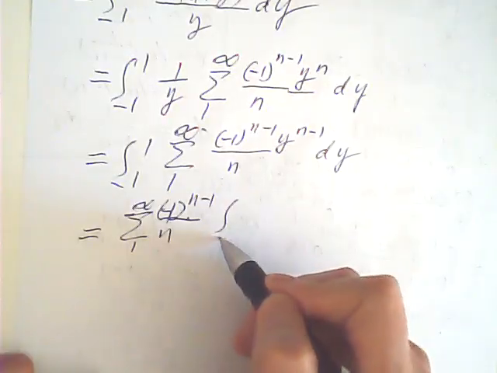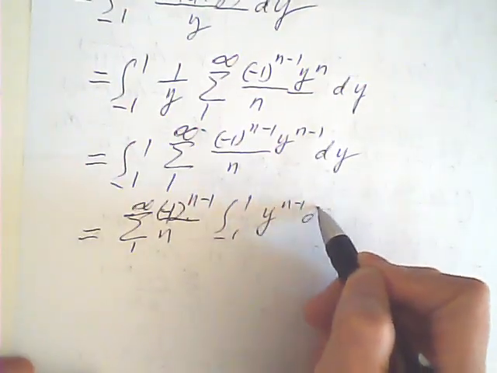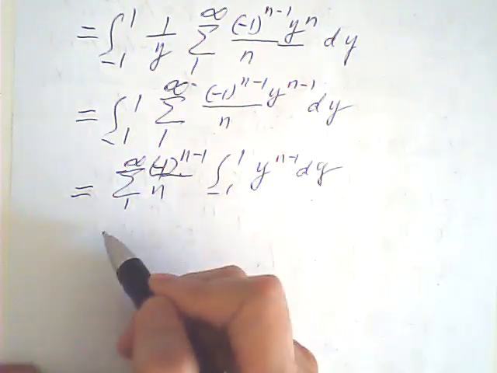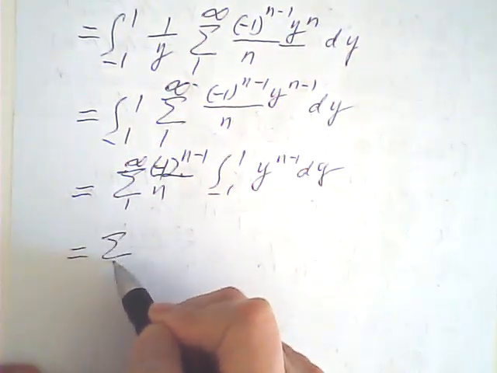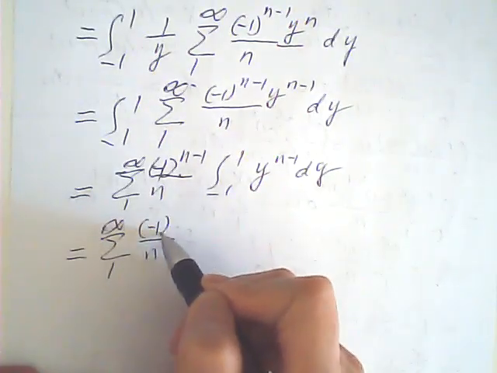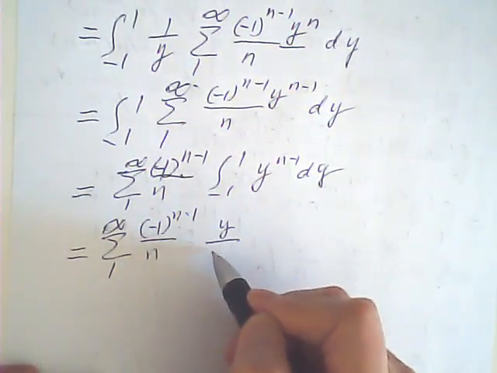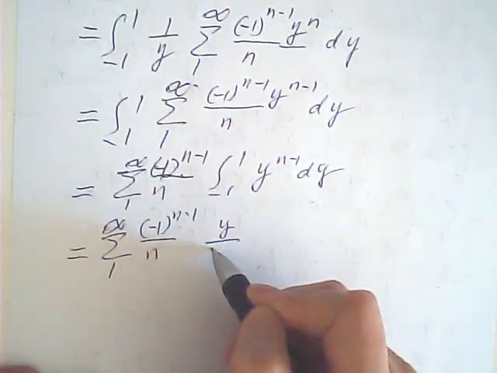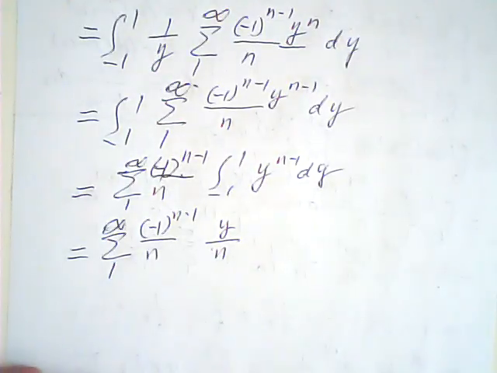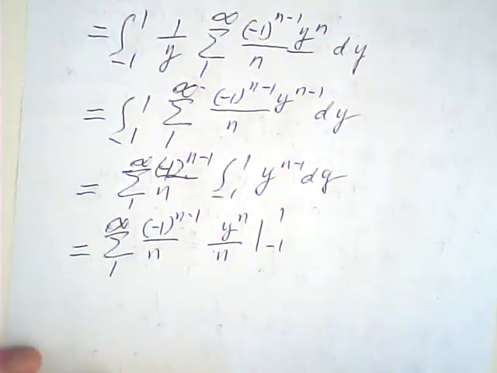So this integral from minus 1 to 1 of y to the n minus 1 dy equals y to the n over n, right, from negative 1 to 1.